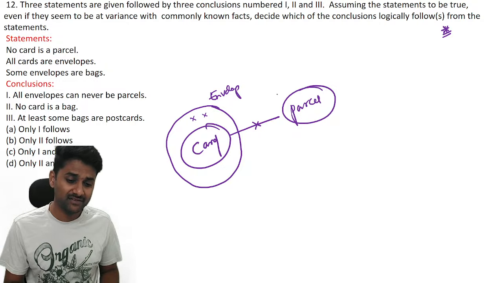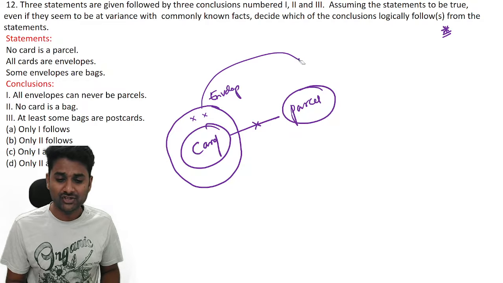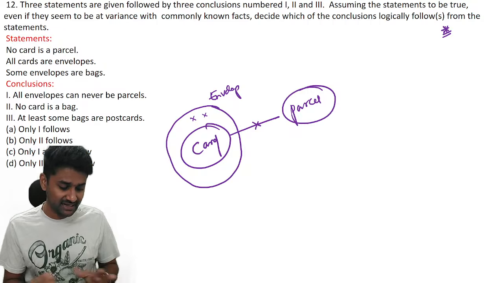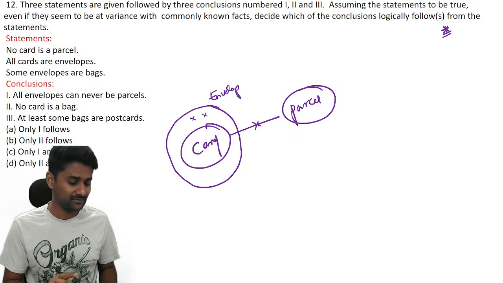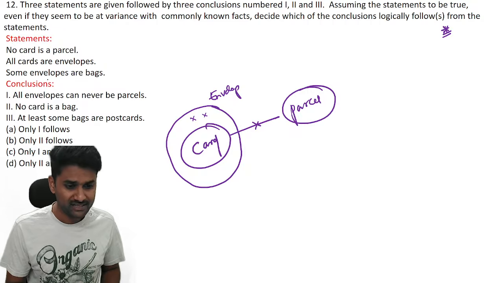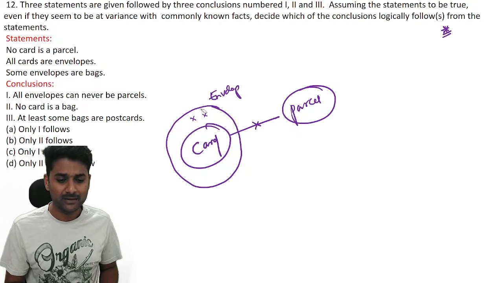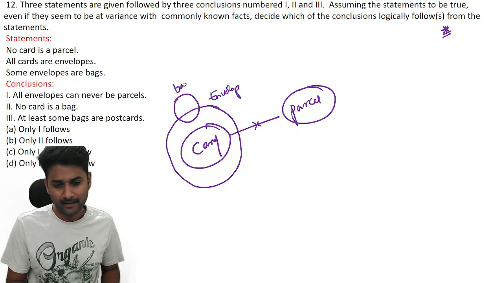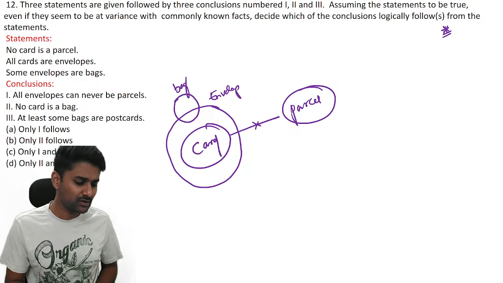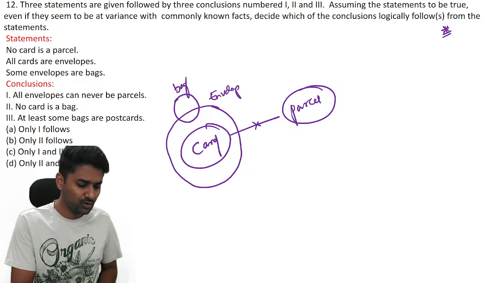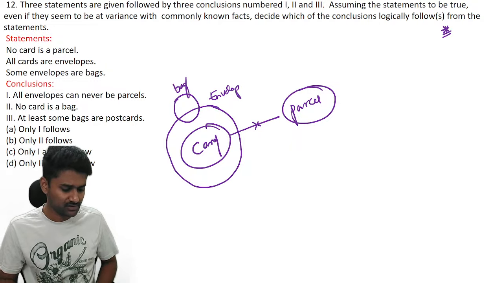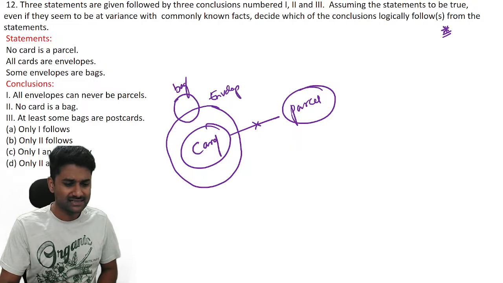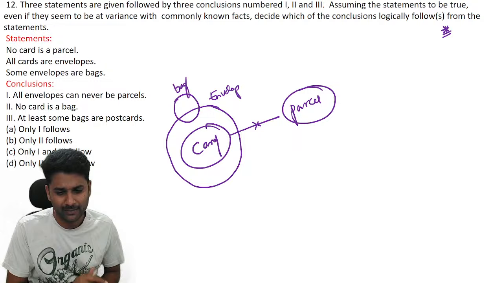In the same way, in reverse, remember that if you assume some in one case, in reverse you can assume all in some case. Next one, some envelopes are bags. Guys, remember that don't merge any portion of card into the envelopes like bag. Why? Because there is no direct relation. If there is no direct relation in the given statement, don't mention it in your picture. So you should maintain the distance and not create any kind of overlapping.